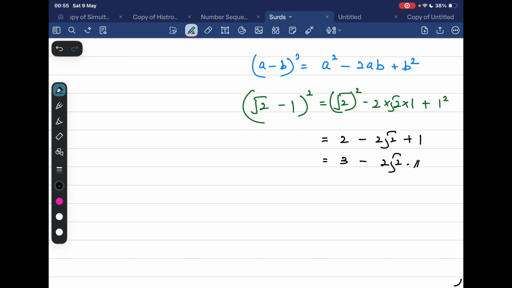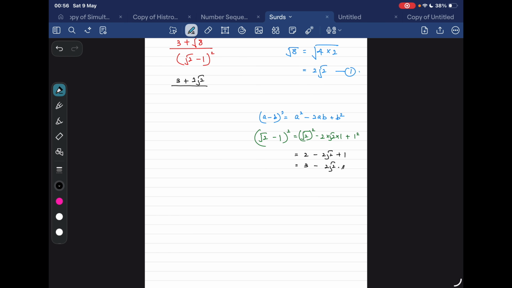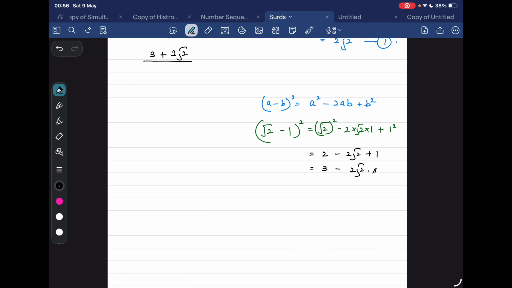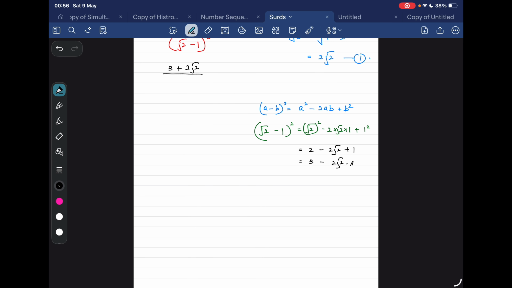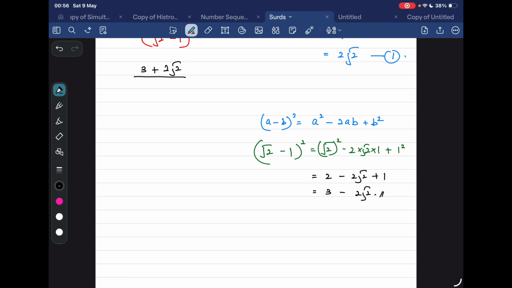So this is what we get after we expand the denominator. I'm going to write it here. The numerator is 3 plus 2 root 2, and the denominator is 3 minus 2 root 2.